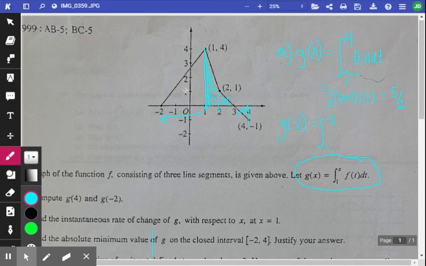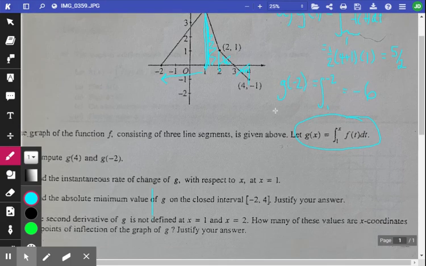So that area is going to be the area of the triangle, and then I'm going to be negative. So negative 1/2 times base times height. So the base is 1, 2, 3. The height is 4. So I'm going to get negative 6. All right. Easy, no problem. And we haven't really talked about Leibniz Law yet, but here we go.